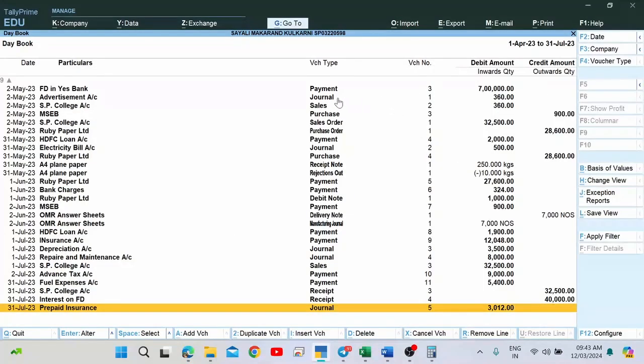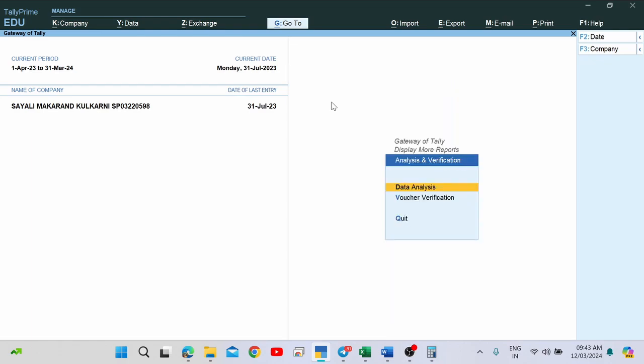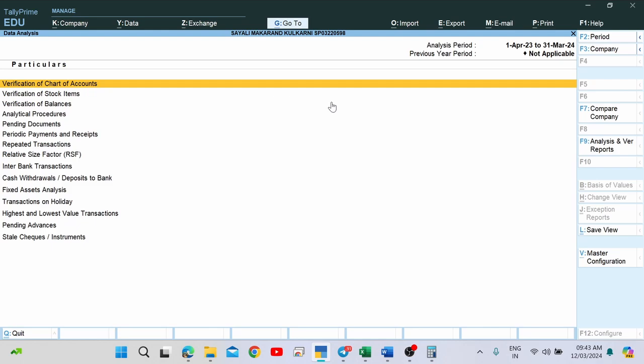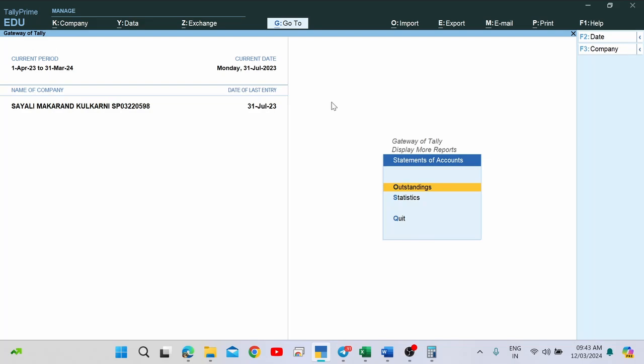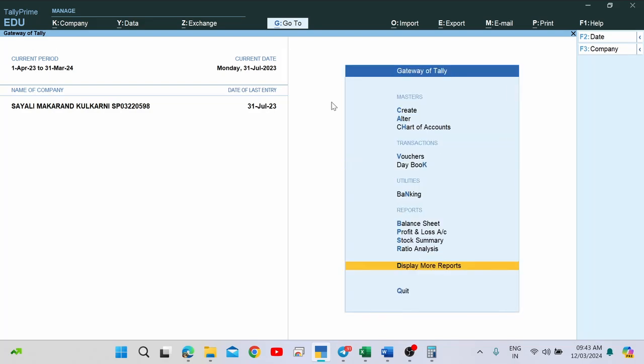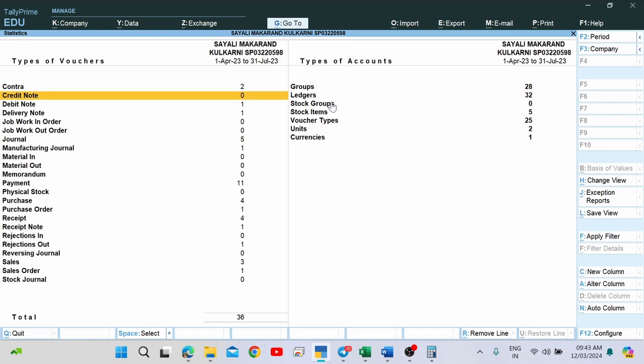You will get the analysis and verification, somewhere you will get the statistics. In the display more reports, in the statement of account, you will get the statistics. How many total entries? Here we will find a total of 36 entries.